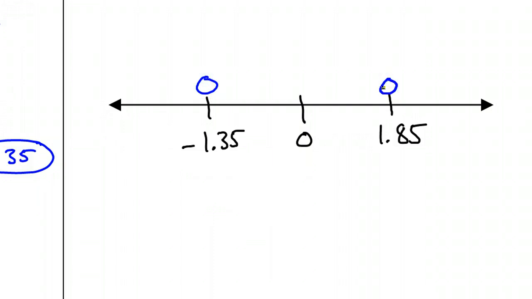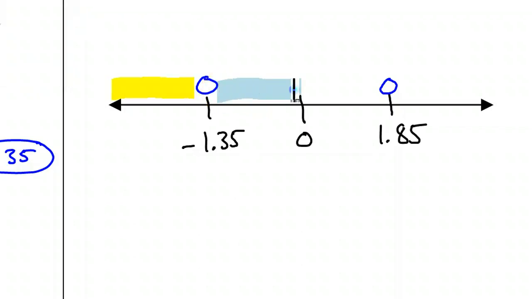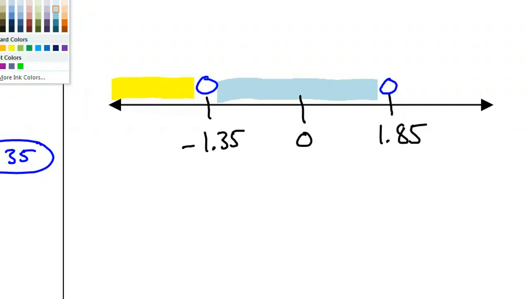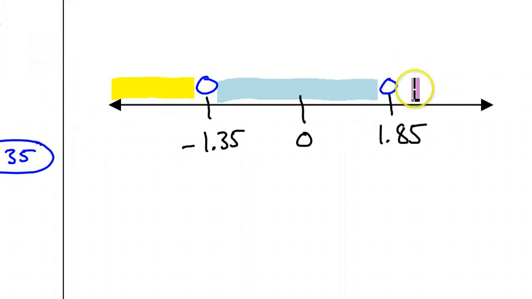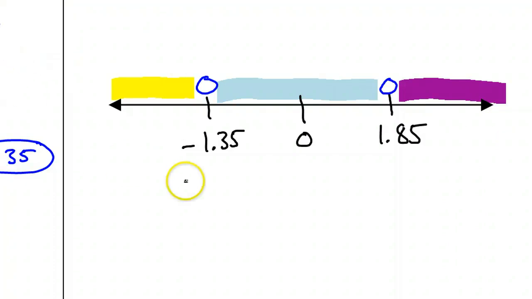Now these zeros divide the number line into 3 zones. We have the yellow, the blue, and the purple. So we're going to need a test value from each zone. I like to make a little chart to help me do this.